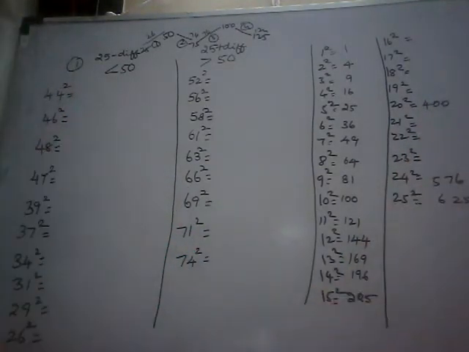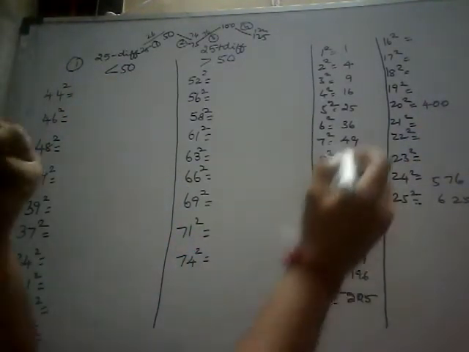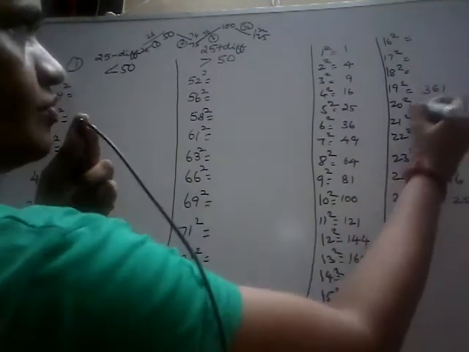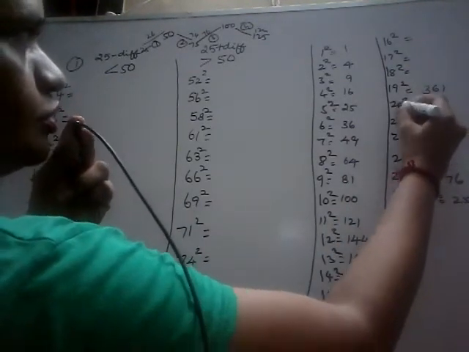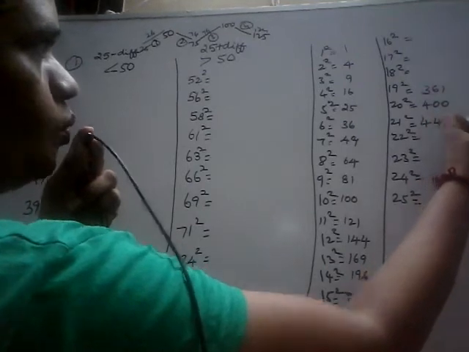It will give you 361. Same way, 400 plus the total 20 plus 21, that is 441.